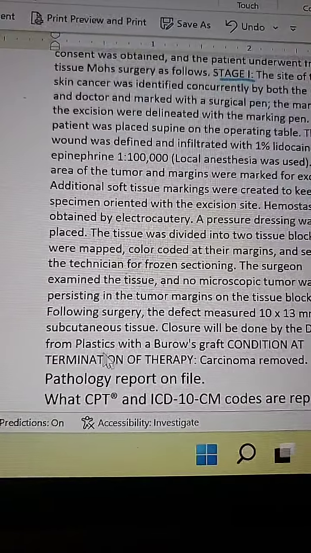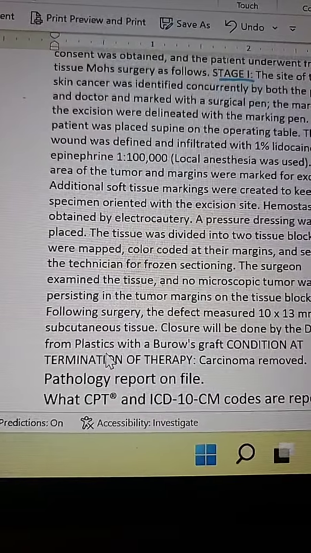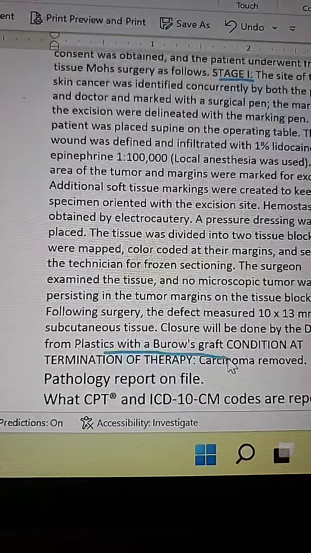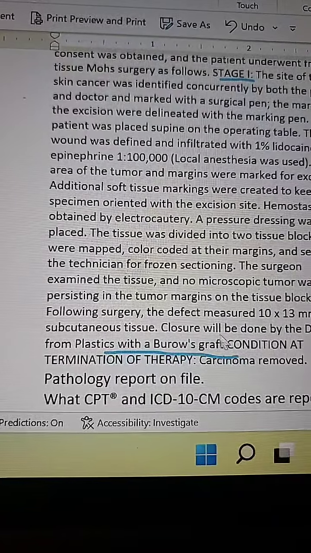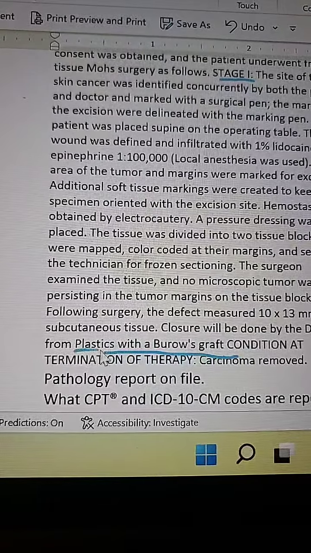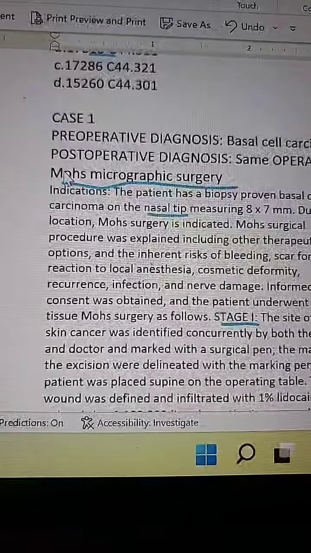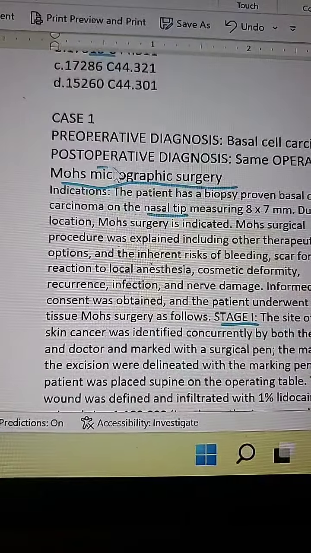And it looks like a plastic surgeon, a different doctor, is going to come in and do a graft over that area. So that would be a totally different thing coded somewhere else. All we were asked to do was to code from this operative report.